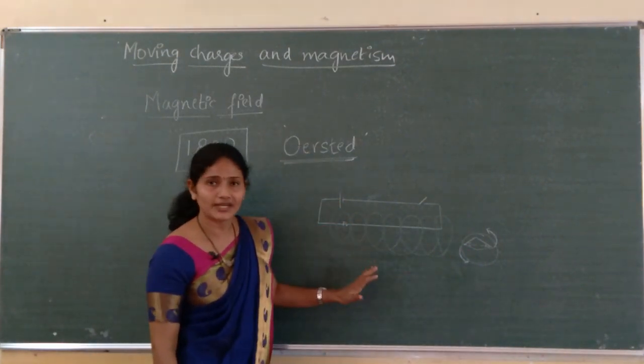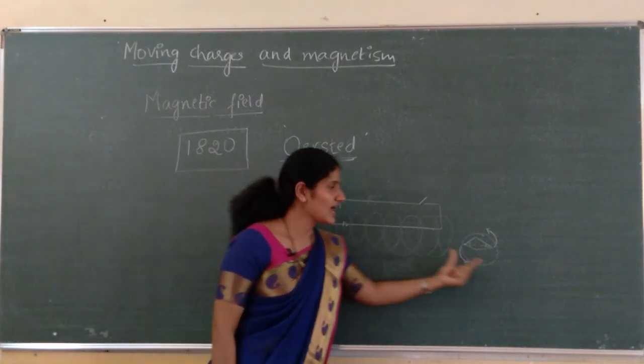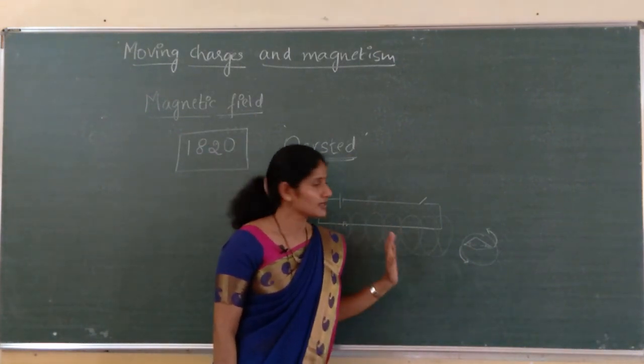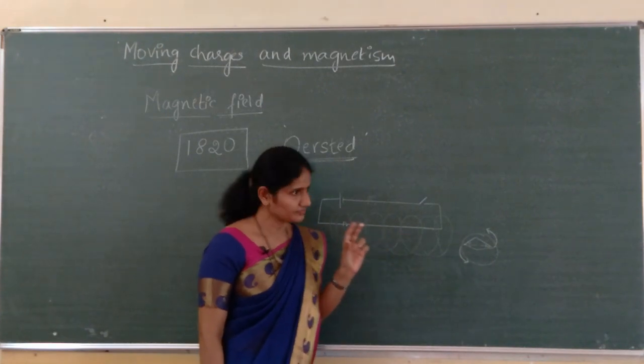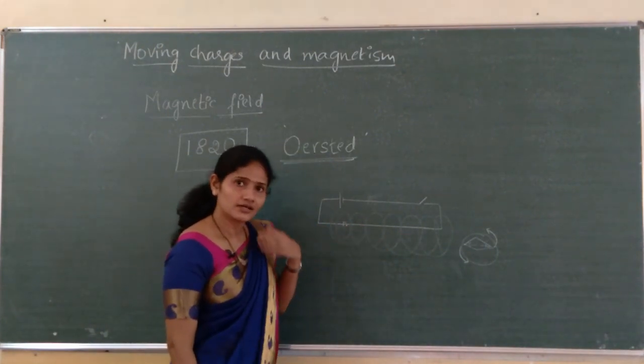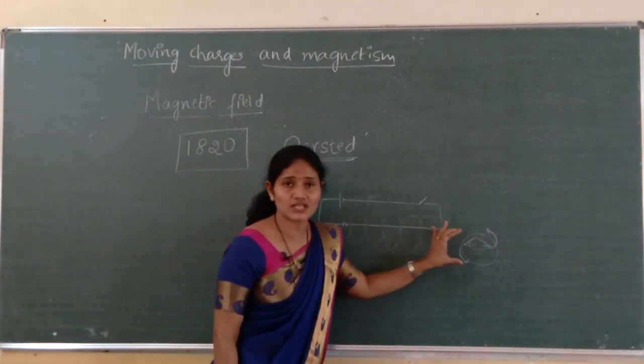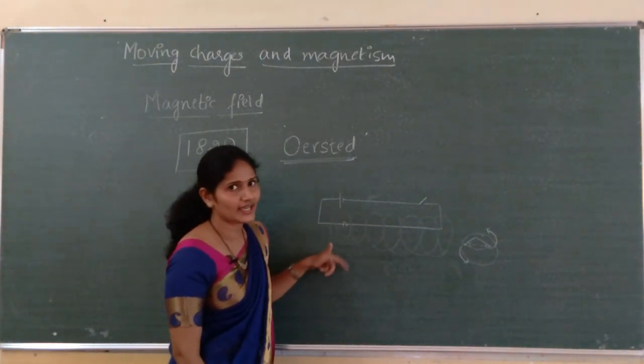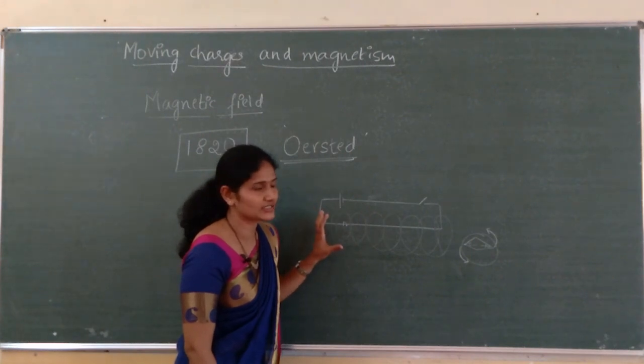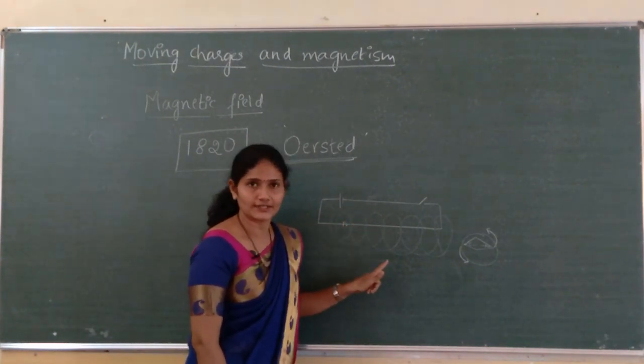So, he unified electricity and magnetism. They are not two separate characters, they are unified because the flow of charge creates an effect around the space, and that effect is nothing but the magnetic field.